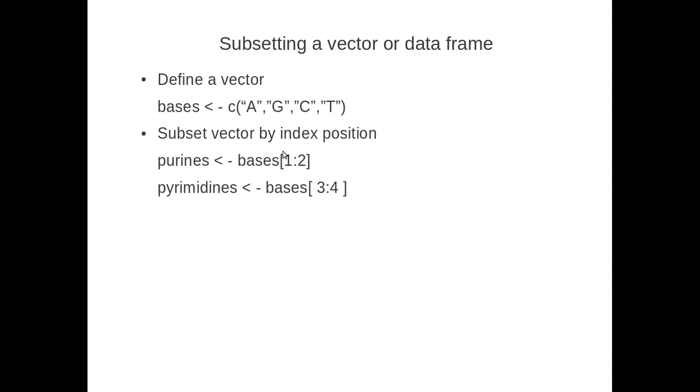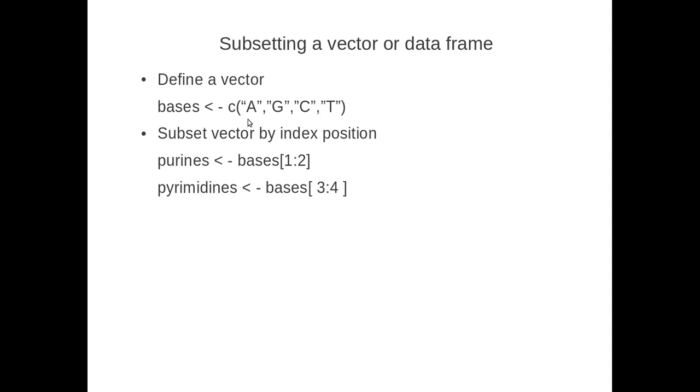Okay, so what are index positions 1 and 2? And this is an important point I want to make: unlike in Bash or in Perl or perhaps other languages you're used to, in R the first position of a vector is position 1, not position 0. Let me repeat that.